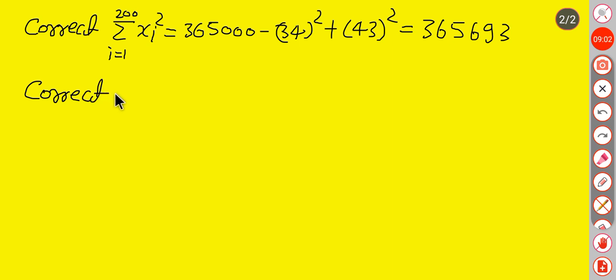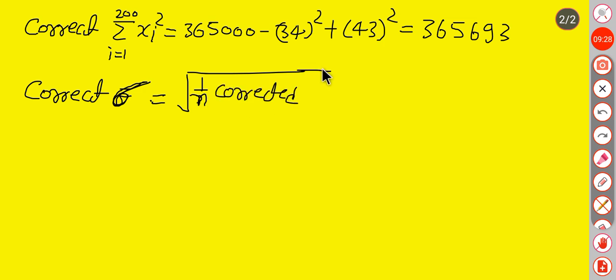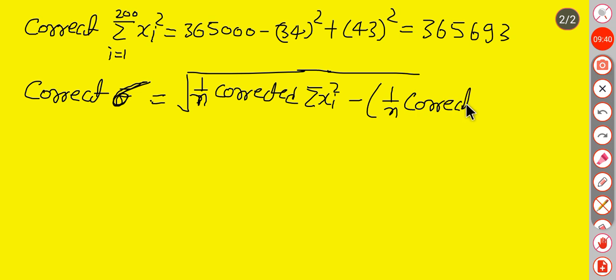So the correct standard deviation sigma is equal to, under root because it is standard deviation, 1 upon n corrected summation xi whole square minus, 1 upon n corrected summation xi, whole square.